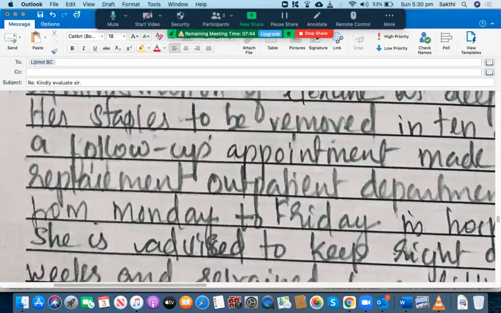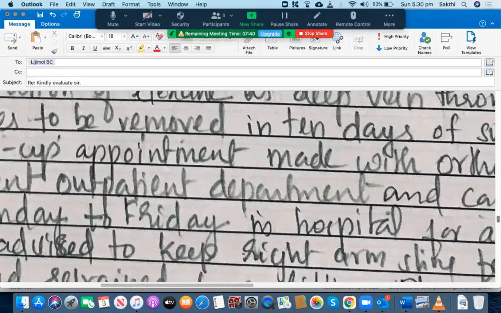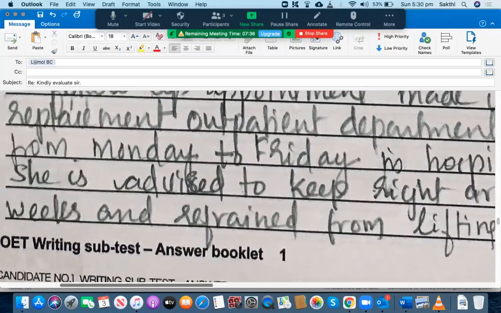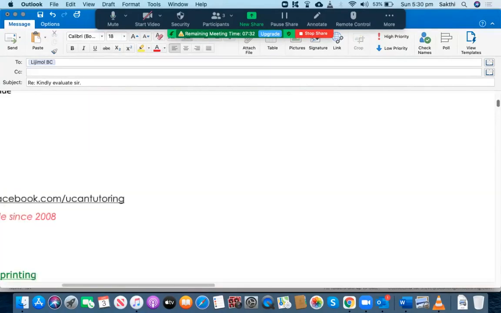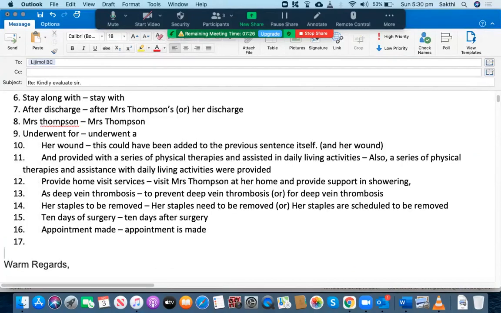Otherwise, you could have mentioned "can be contacted if there are any issues." You don't need to mention "in hospital." It could have been removed, because the department is in the hospital, of course. It is obvious.